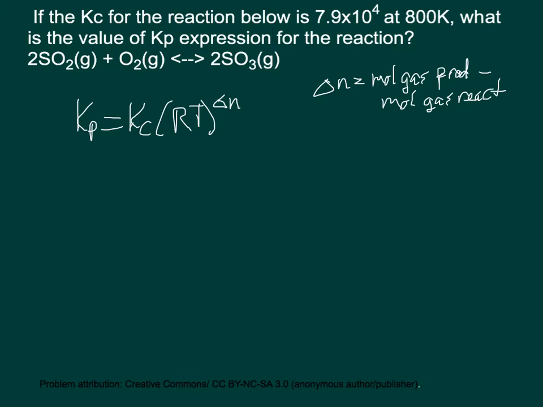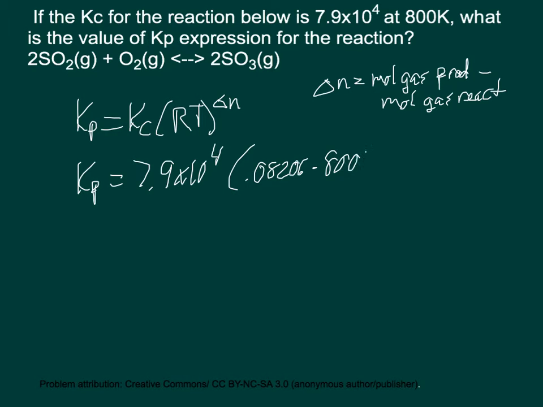Okay, so when we go through and look at this, quite simply we're going to say Kp is equal to our Kc, 7.9 times 10 to the 4th, times this quantity R, 0.08206 liter atmospheres per mole Kelvin, therefore temperature needs to be in Kelvin, which it is, times 800 Kelvin, raised to the -1 because it's 2 in the product, and it's 1 and 2, 3 in the reactants.